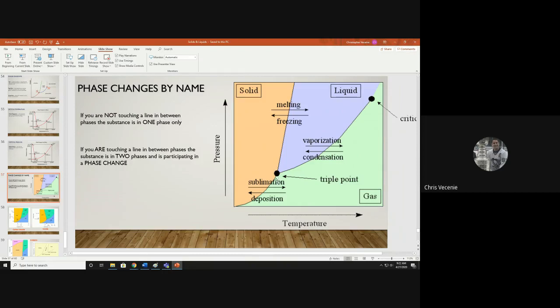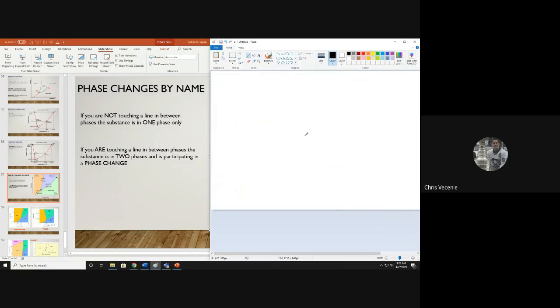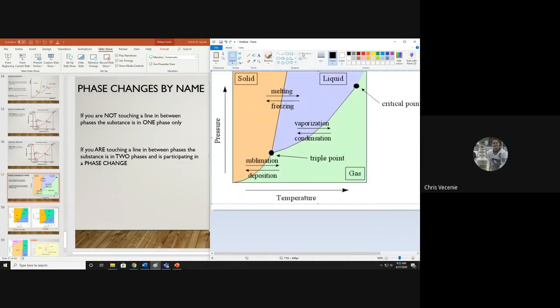All right. If we are in between this phase of liquid and this phase of gas, that means we're undergoing either vaporization or condensation, right? So if we are anywhere along this line, we're either vaporizing or condensing.